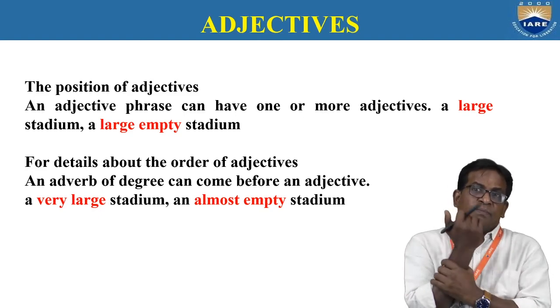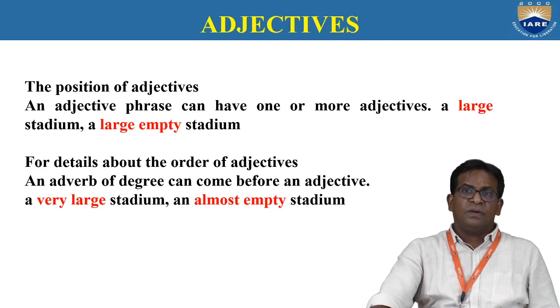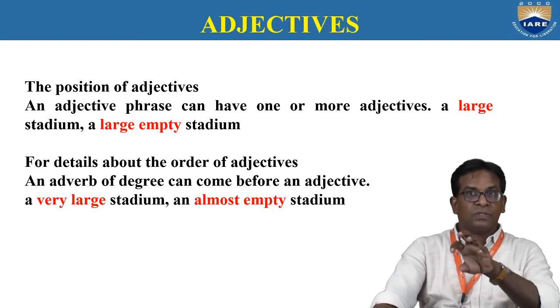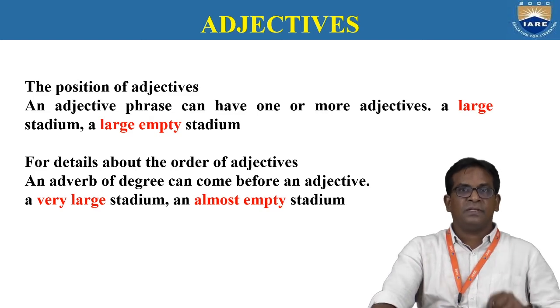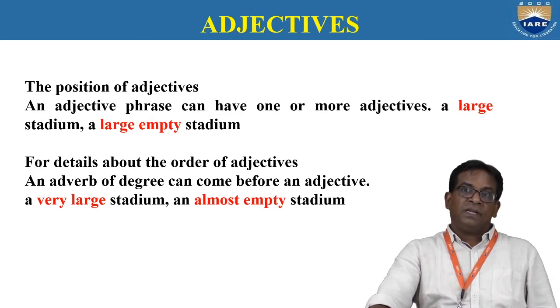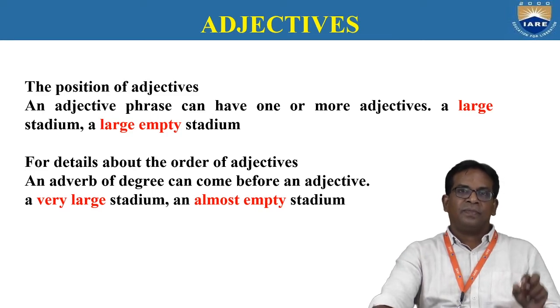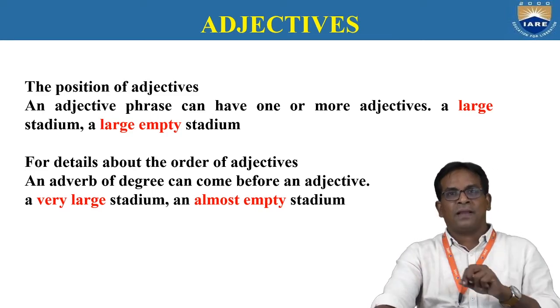For details about the order of adjectives, we will see this later. An adverb of degree can come before an adjective. A very large stadium. Very. And I can tell you one sentence: the cat is almost black.